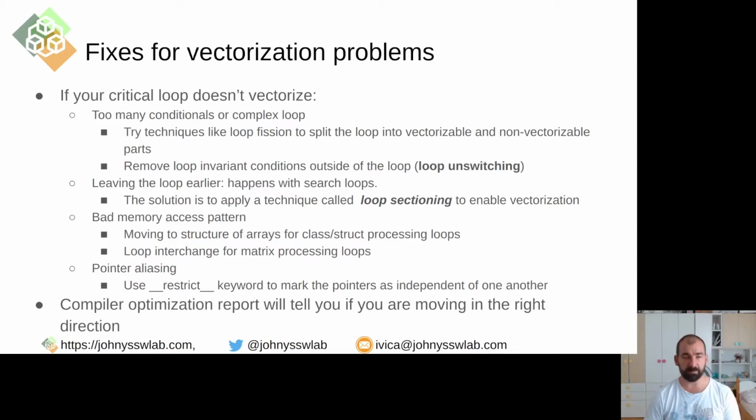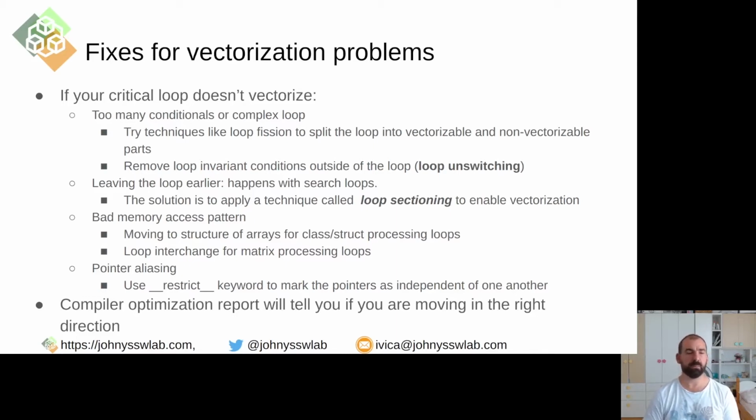If you have break statements in your loop, then there is a technique called loop sectioning that can help you enable vectorization. If you have a bad memory access pattern, then you can apply the techniques we talked about earlier, converting to structure of arrays or loop interchange, to improve the memory access pattern. If your loop has pointer aliasing, or the compiler is not sure if 2 pointers alias each other, you can use the restrict keyword to mark pointers that are independent of one another.